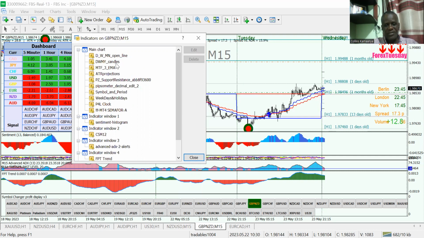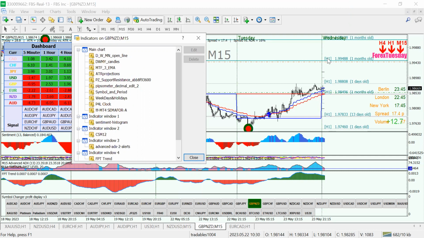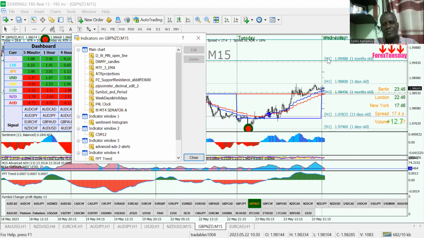We have the D, M, Y candle, which are just behind me here in the top right corner. Then the PZ support lines, and the symbol, period, weekday, holiday, and before clock. Before clock here gives us the time.